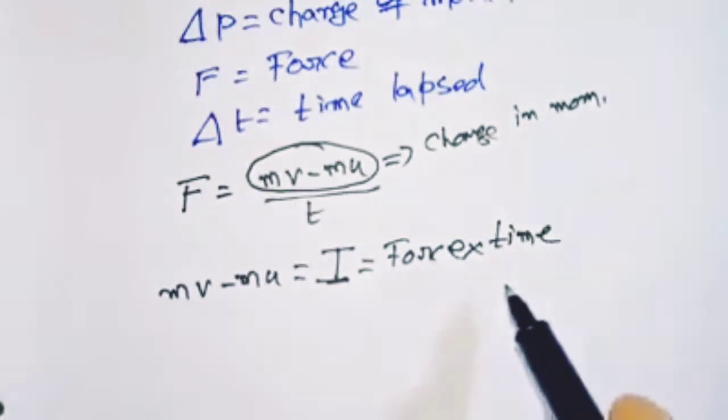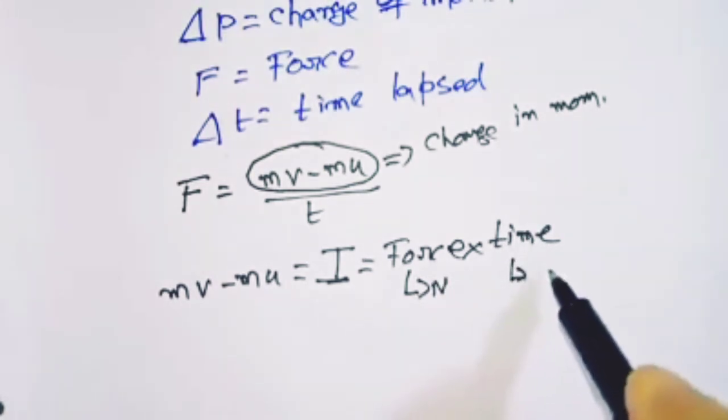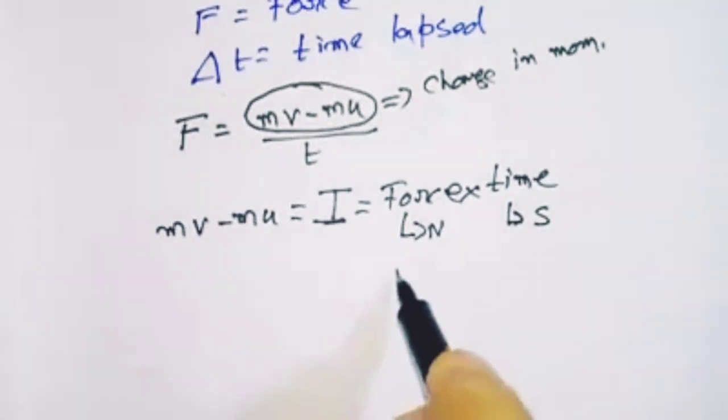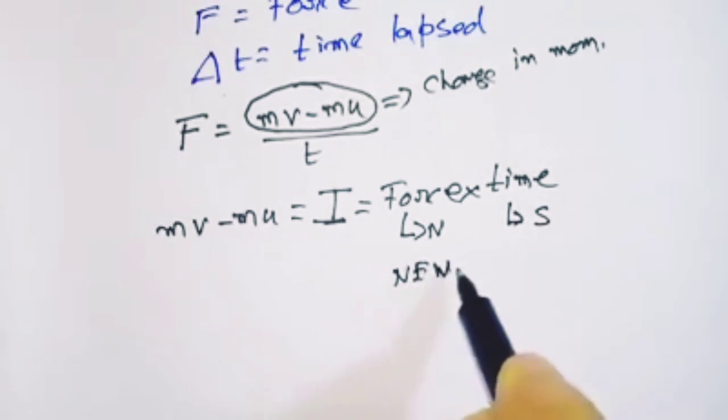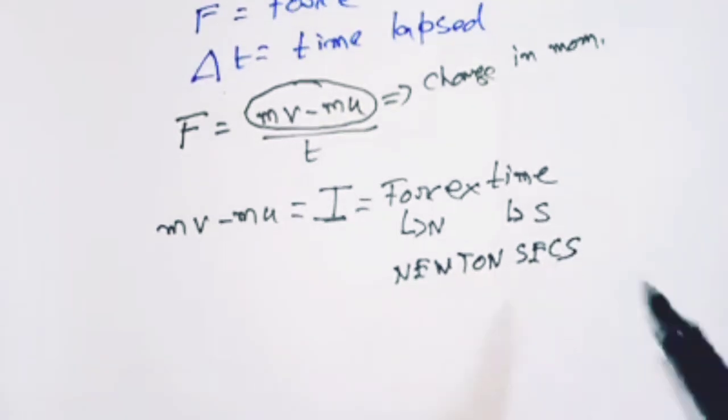Force multiplied by time is what unit? Force gives us Newton, time gives us second. So the impulse unit will be Newton seconds.